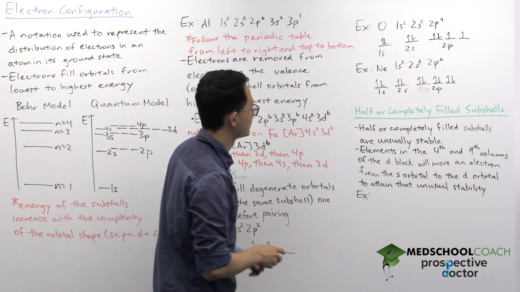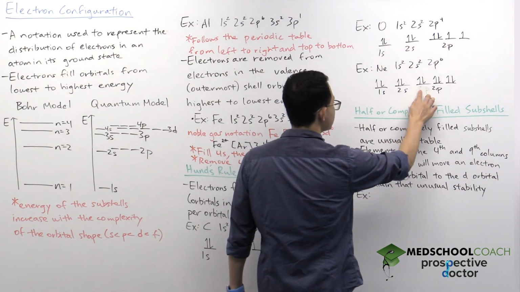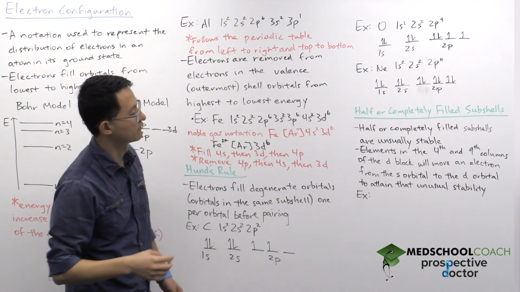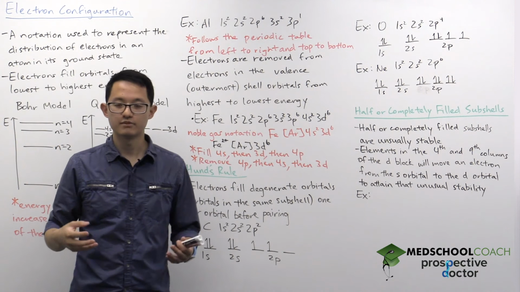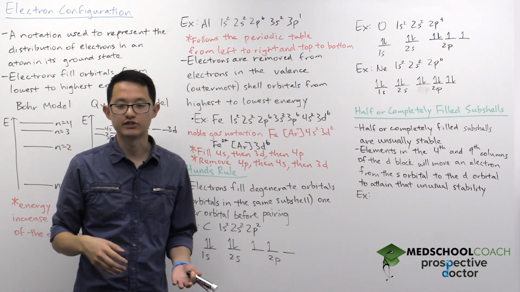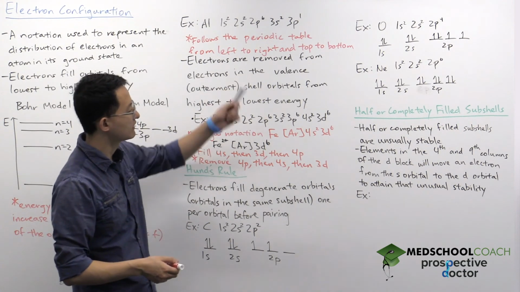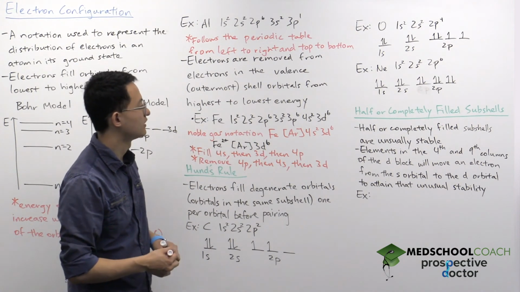Now, this is actually pretty notable because there is another concept that the MCAT likes to test students on when it comes to electron configuration, and that is these terms called paramagnetic species versus diamagnetic species. And we actually have an example of each over here.